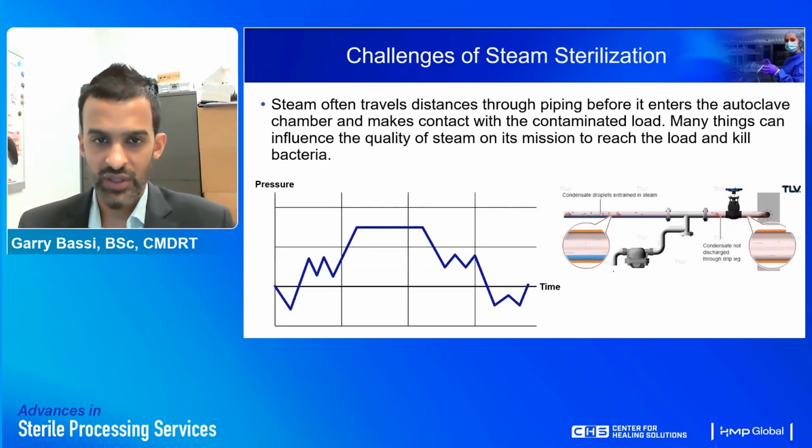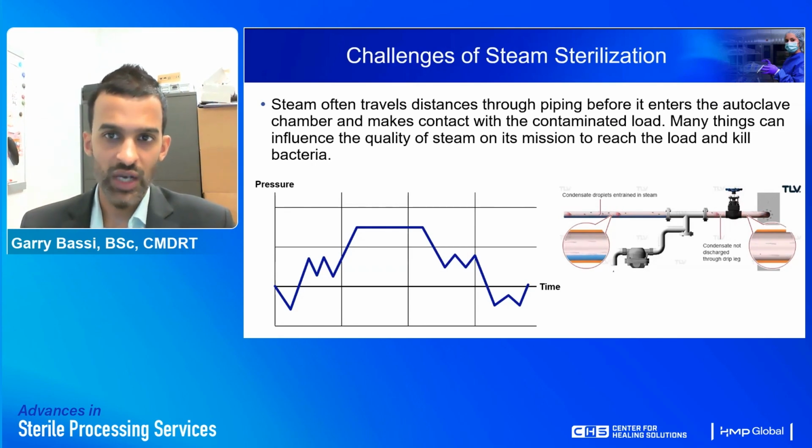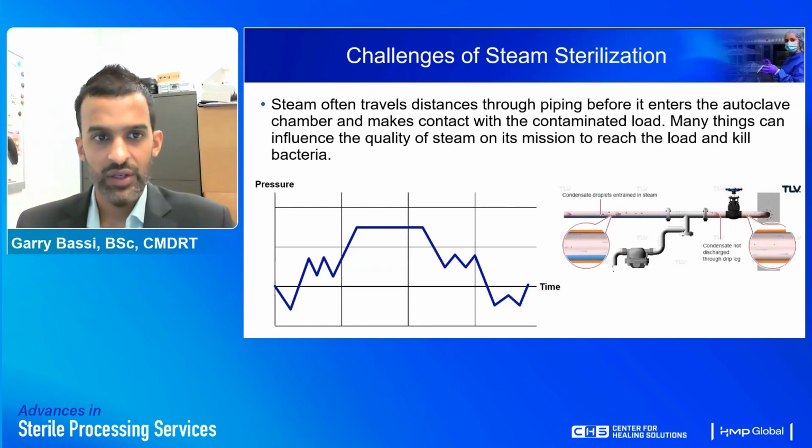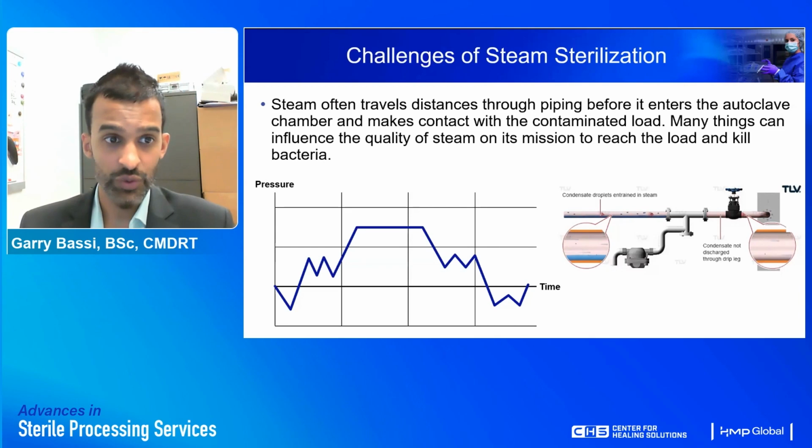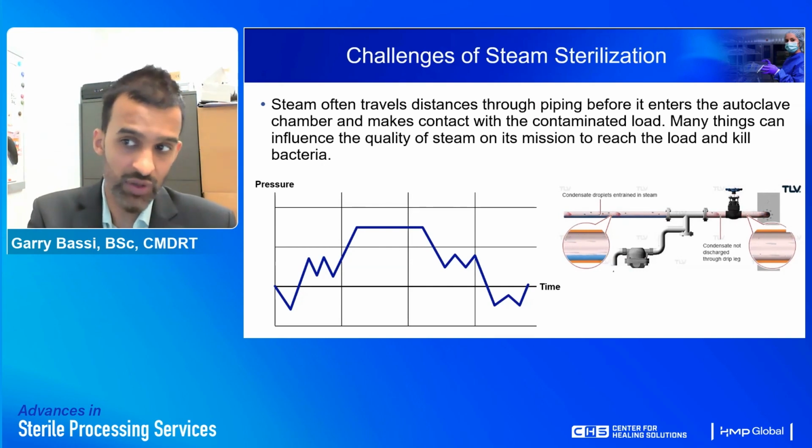So if we take a look at this slide here, let's discuss some of the challenges of steam sterilization. Steam, as we know, often travels distances through piping before it actually enters the sterilizer or the autoclave chamber and eventually makes contact with the contaminated load that we're trying to sterilize.